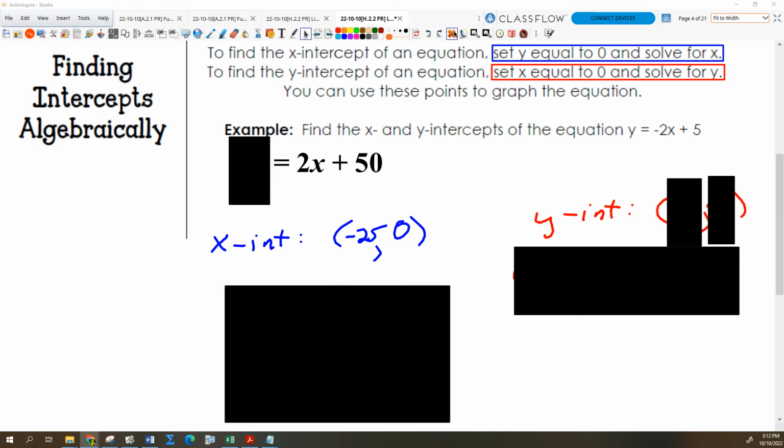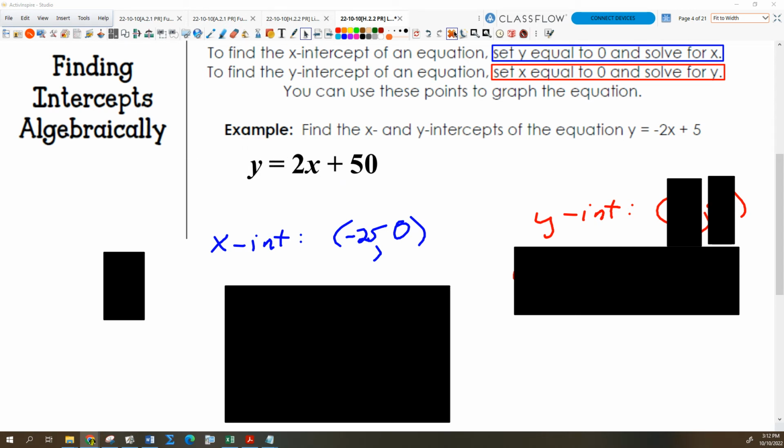Okay? To find the Y-intercept, what would I do? Cover up the X term and solve for Y, right? So if X is equal to 0, any number times 0 is what? Right? So that's why we can cover up that term. So I end up with Y equals positive 50. Done. Okay?